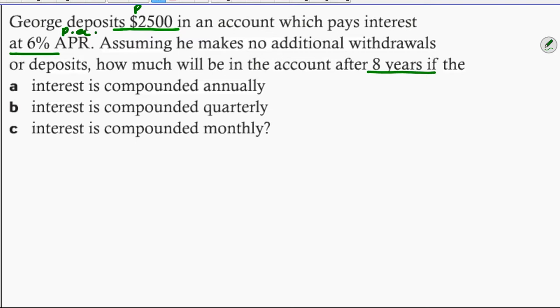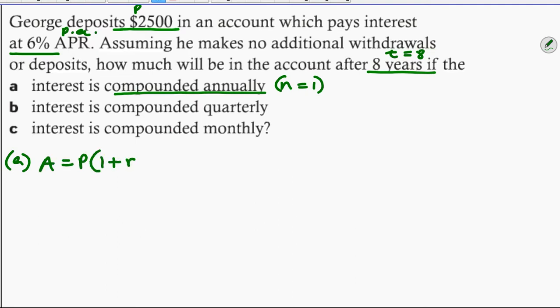Our T is 8, and we want A. For A, interest is compounded yearly, so n is equal to 1. So our formula for compound interest will just be simplified. It will be A is equal to P into 1 plus R to the power T, because n is equal to 1.